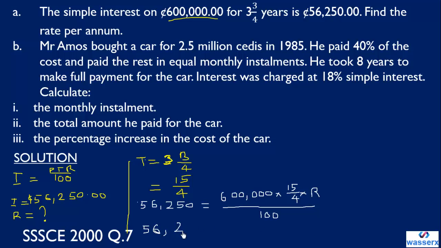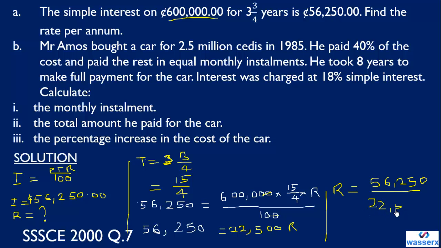So we have 56,250. This cancels this, is equal to, so we multiply this by 15 over 4 to get 22,500. Now we divide both sides by 22,500 to obtain the rate.